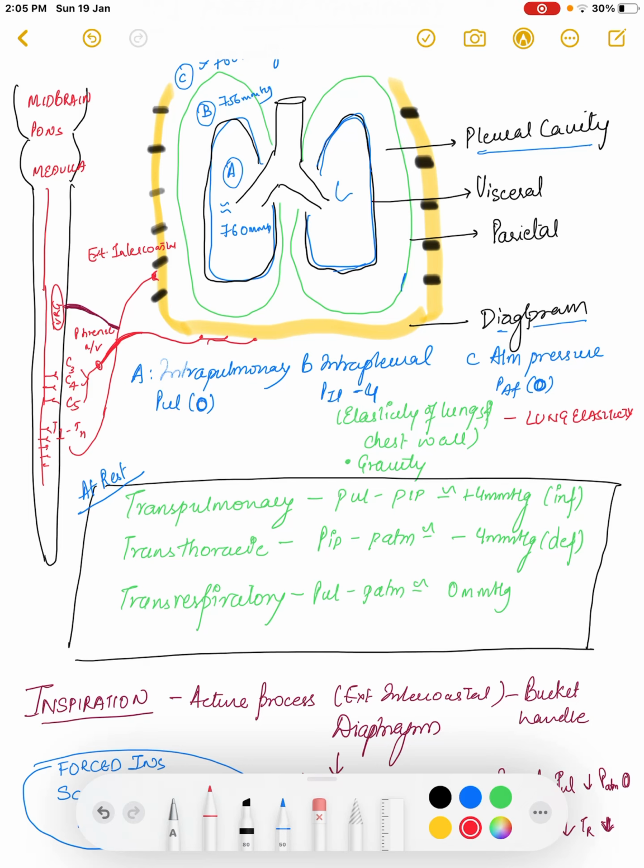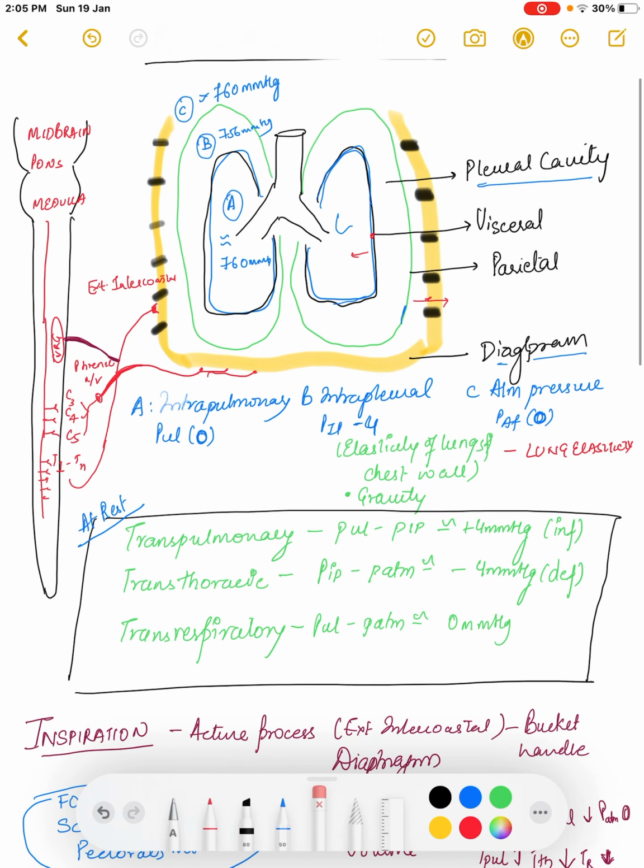The visceral pleura, which is attached to the lungs, tries to recoil back with the lung, and the parietal pleura, which is attached to the chest wall, tries to recoil out, so the pressure inside will be negative, around -4.